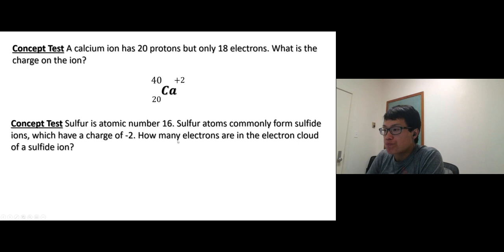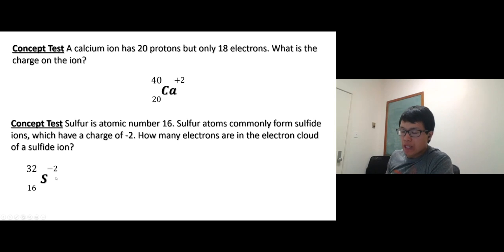Now think about that. All right, so sulfur atomic number of 16, and got a negative charge of 2. If you look at the periodic table, the atomic mass is 32. You don't need that. But how many electrons are in the electron cloud? Well, if this were to be neutral, just ignore the negative 2 there. So 16 protons, 16 electrons.